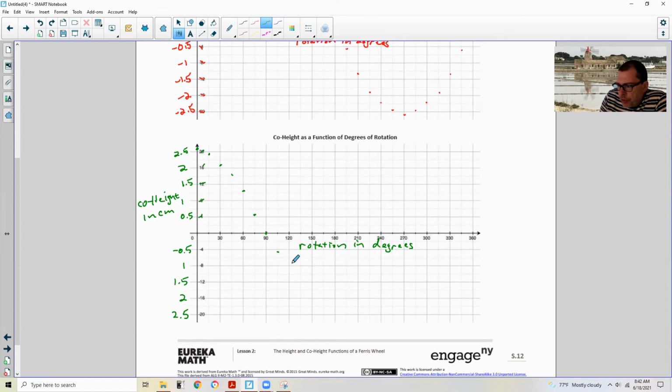And then 120 is negative 1.3, which is here. 135 is a negative 1.8, about here. 150, negative 2.2. Or 165, negative 2.4. And 180, negative 2.6. I'm just verifying that. Okay, so there it is.